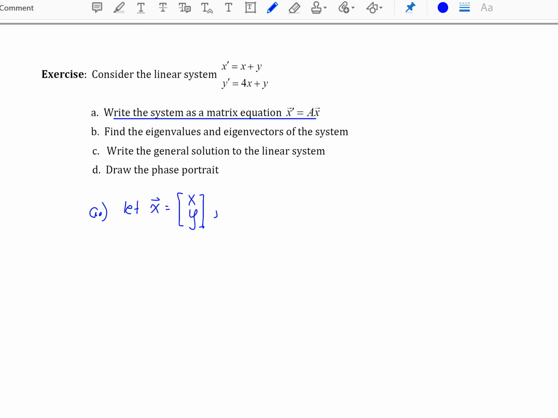So that on the left-hand side we have x prime, the vector, equals our coefficient matrix 1, 1, 4, 1 times our vector x. And this is our matrix equation of our system of equations.